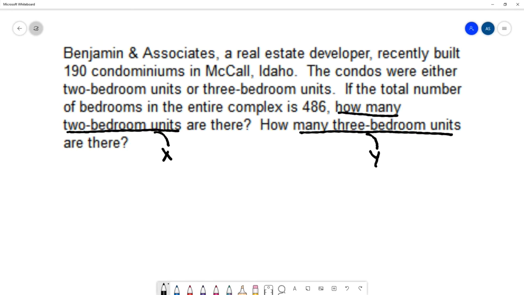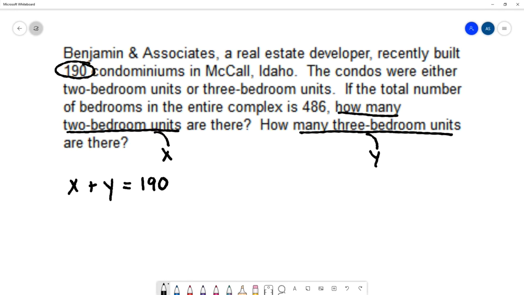So Benjamin and Associates built 190 condominiums. So we can get our first equation by saying that the number of 2-bedroom condominiums plus the number of 3-bedroom condominiums has to equal the total number of condominiums, 190.